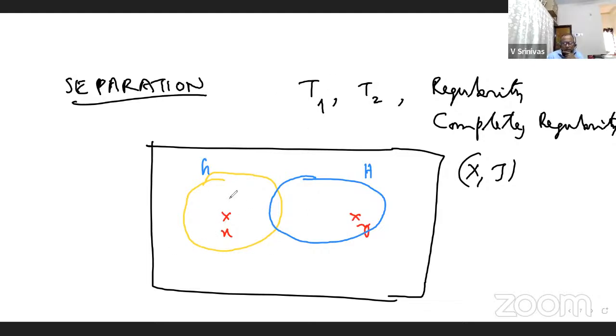Let small x and small y be any general distinct pair of elements of capital X. Corresponding to these two, we should be able to find two open neighborhoods, capital G and capital H, such that x belongs to capital G and y belongs to capital H.